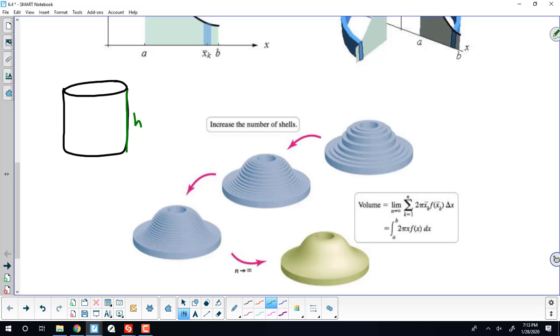That's just the height of each cylindrical shell, and we need the area. So we need a linear dimension times a linear dimension, and so the other linear dimension is just the circumference of the circle, which is 2 pi r. So this volume is just 2 pi r times h.